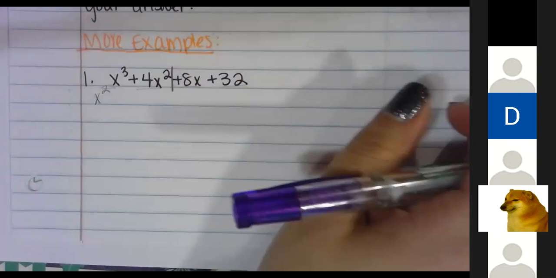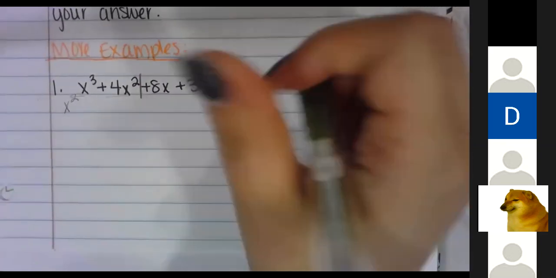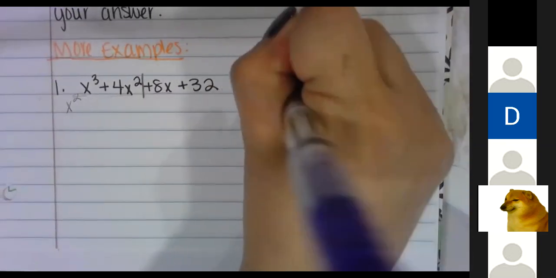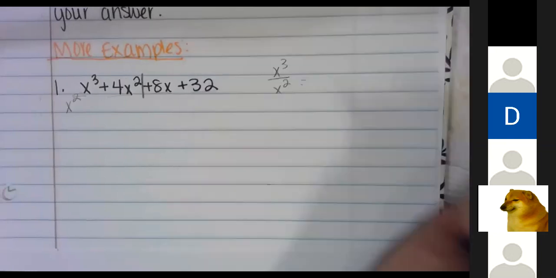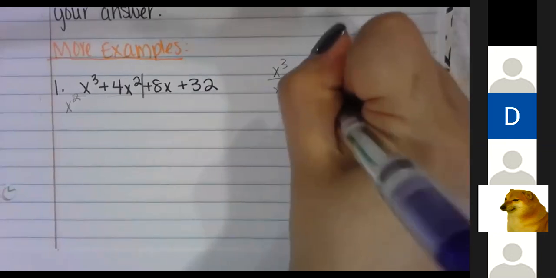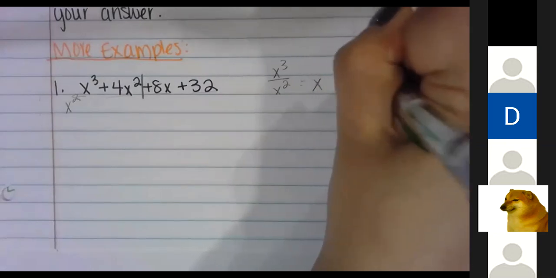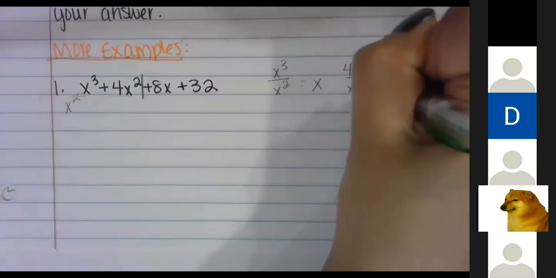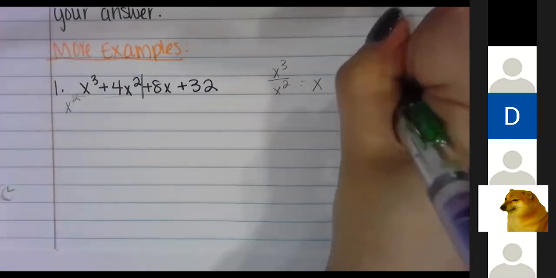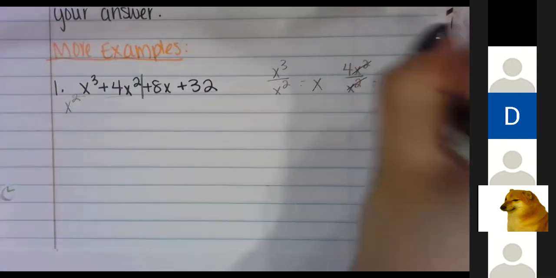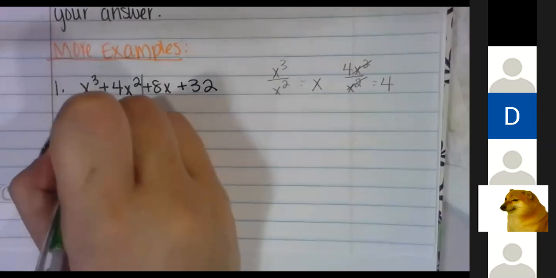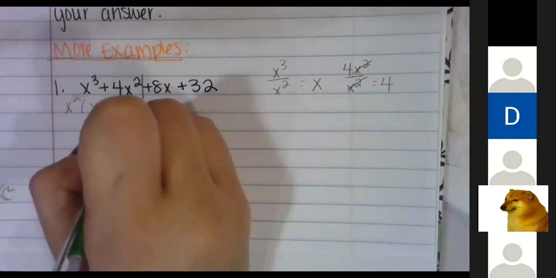And remember, when you factor out a greatest common factor, you take that first term and divide it by the greatest common factor, which would just be x. And then you take the second term and divide it by the greatest common factor, which gives you 4. So on the inside, you would have x plus 4.